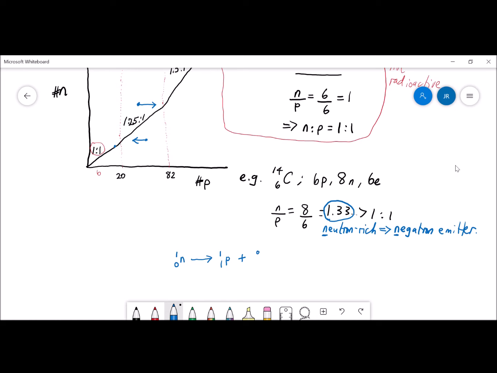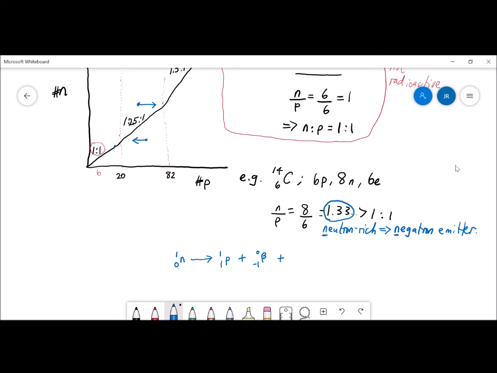So we're assuming a mass of 0, although that's only an assumption, because we know that beta particles do have a mass, but we're assuming it's negligible compared to the mass of the neutron and proton. It has a charge of -1, and we'll write beta for beta particle.